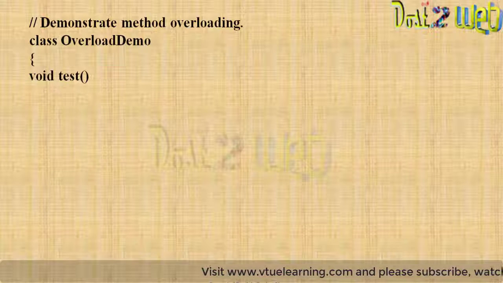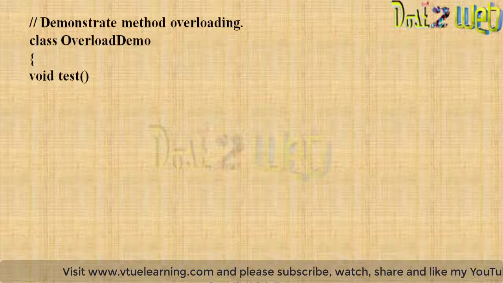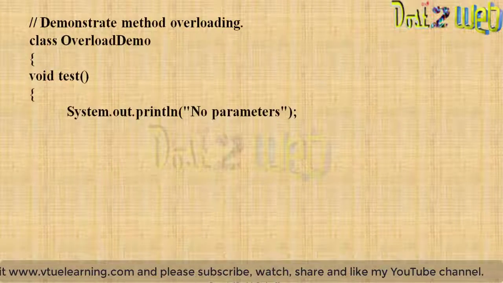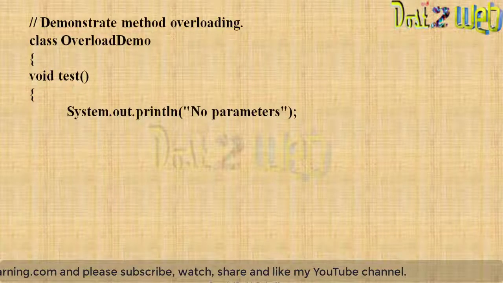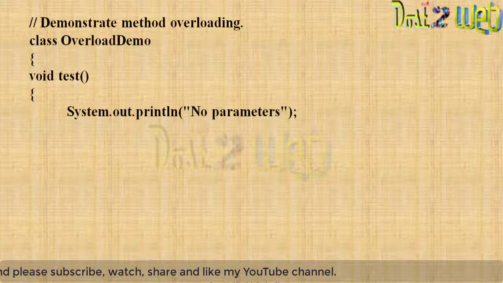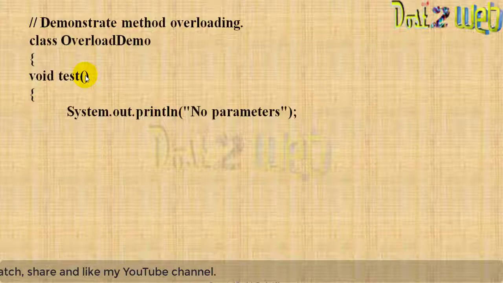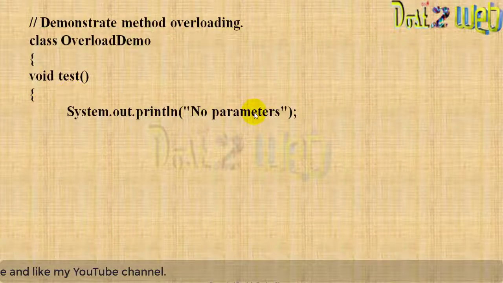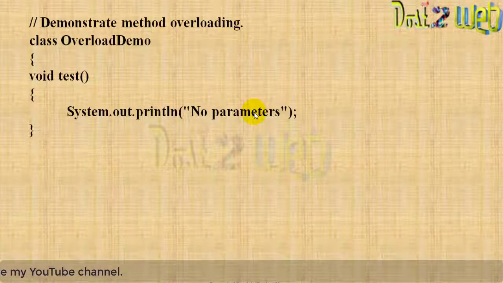Now we are going to use the method overloading concept, so we have to declare the methods. I am declaring the first method, void test. You can see we are not passing any parameter in the method test, and just printing a statement, no parameters. This is our first method.